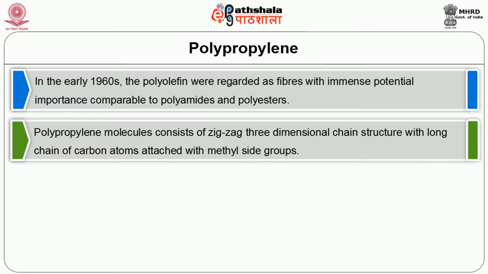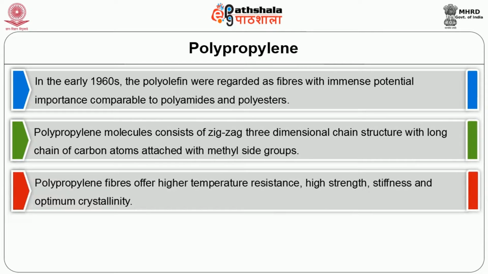Polypropylene molecules consist of a zigzag three-dimensional chain structure with long chains of carbon atoms attached with methyl side groups. Polypropylene fibers offer higher temperature resistance, high strength, stiffness, and optimum crystallinity.